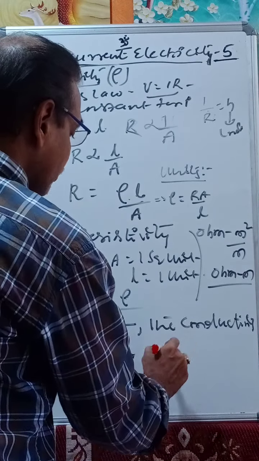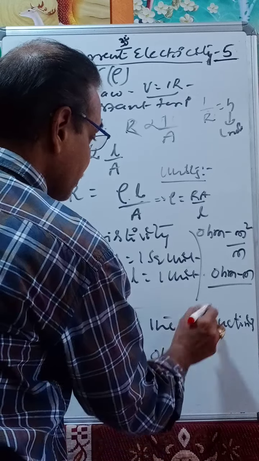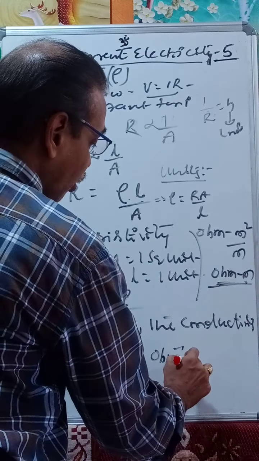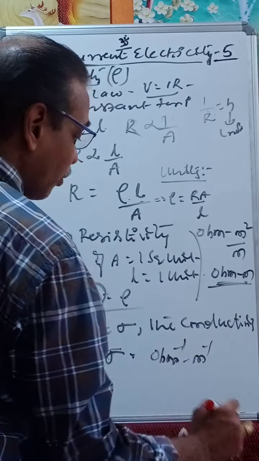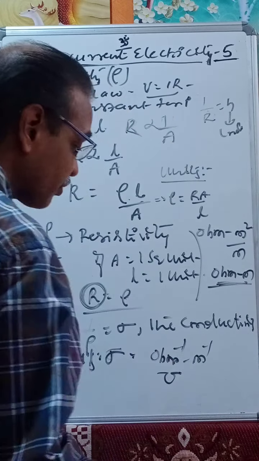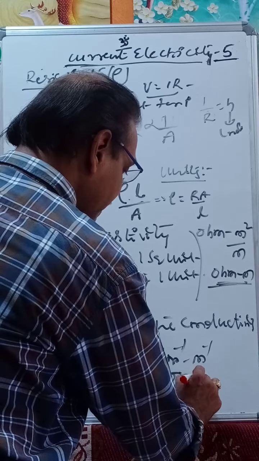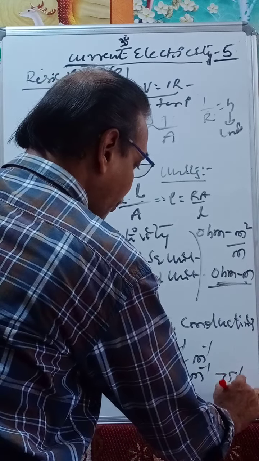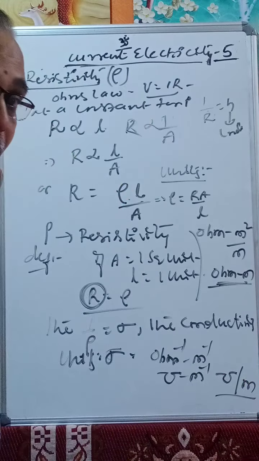So sigma has units of ohm inverse meter inverse, the reciprocal of the units of resistivity. But ohm inverse is also called mho, so mho per meter.